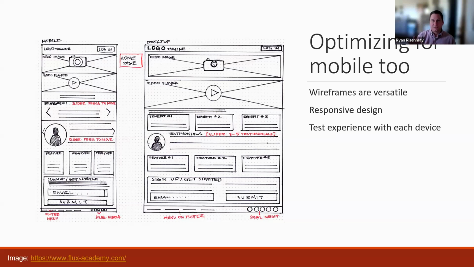And by the way, even if you're just prototyping a site, you can show this to users and have them point with their finger at things they would think they would get if they click on that video player, if they click on feature number 1 or whatever. That's actually another way to do a test before you even build a site. But I don't have my students do that, because they need actual content to work from.